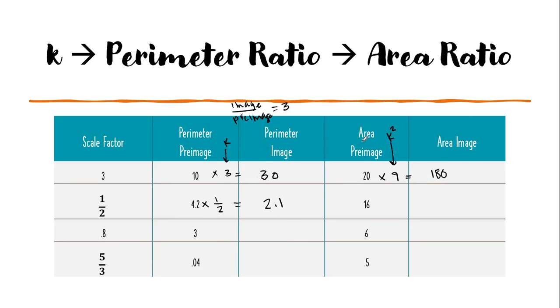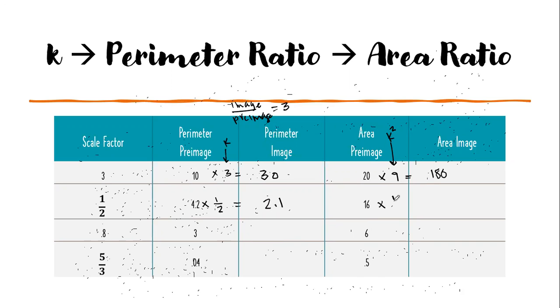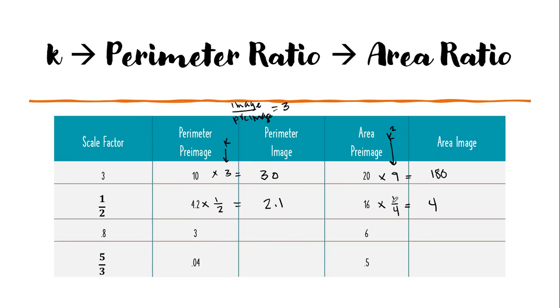If the area of my pre-image is 16, how will I find the area image? 0.25. So I'm gonna multiply it by 4? Okay. So I'm gonna multiply it by 1/2 squared, which is 1/4, and that'll be 4.